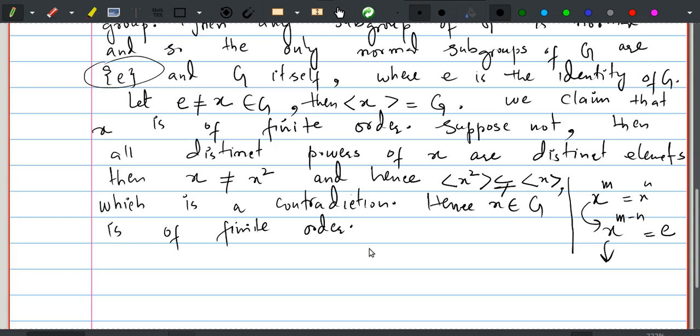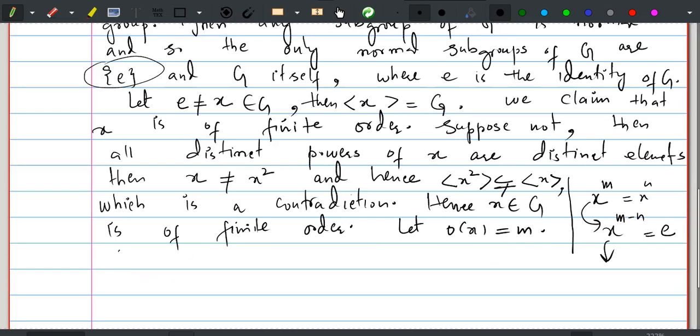Now let the order of x be m. If m is prime, then we are done, because if m is prime, then G is cyclic and hence abelian. So there is nothing to prove in this case. So we will assume that this m is composite.